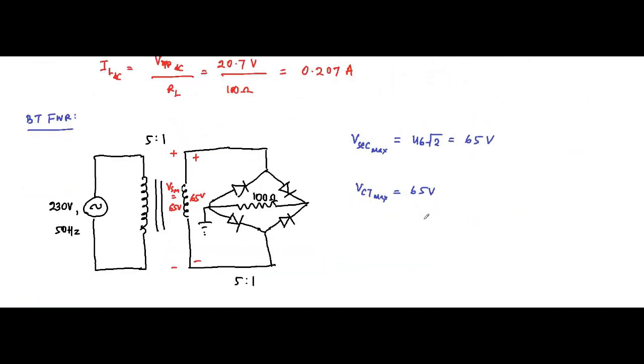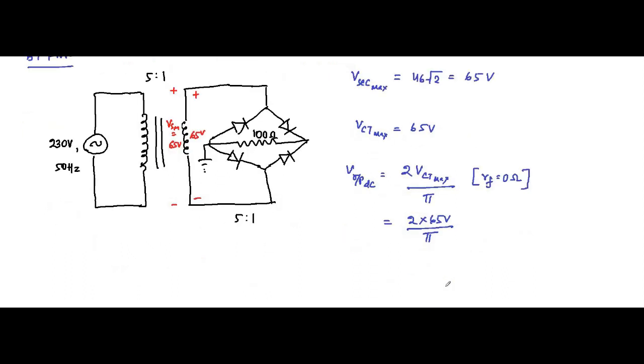So here in this case the output DC is simply the same formula, 2 V max by pi. Why? Because forward resistance is equal to 0 ohm, so no diode voltage drop. So that will be 2 into 65 volt by pi, and that is coming around 41.4 volt.